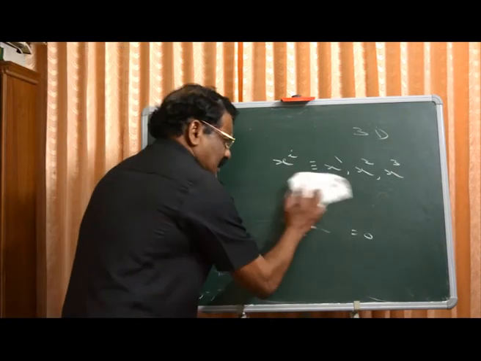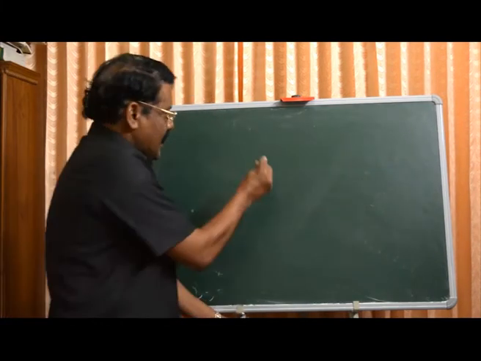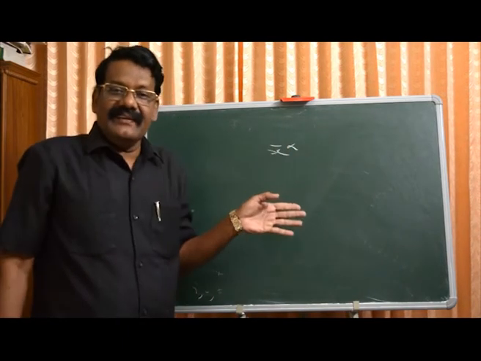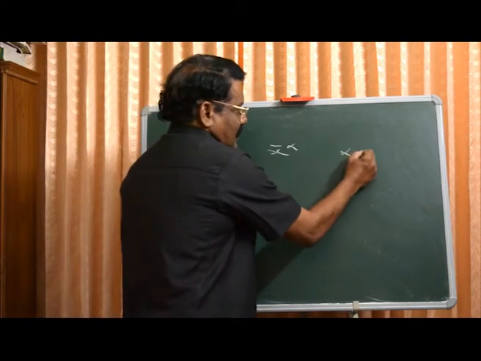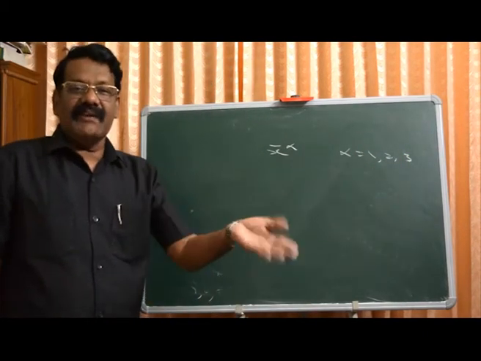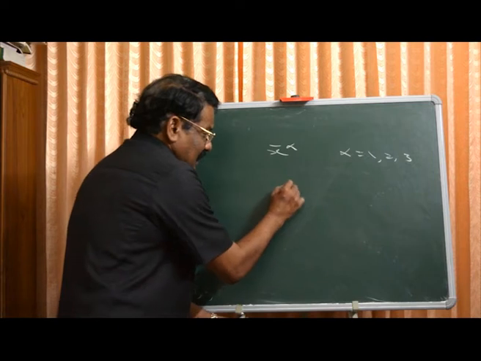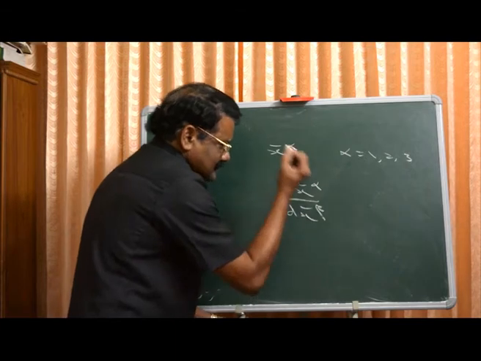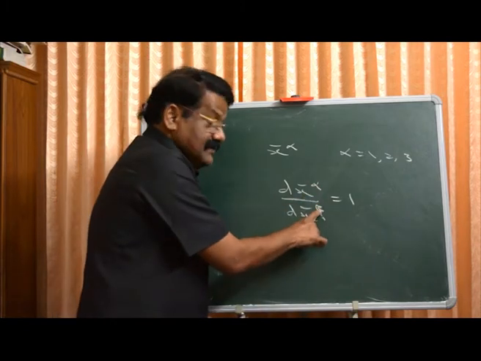Now, you take some other coordinate system. I am taking the second coordinate system as x bar alpha, bar representing another coordinate system, alpha equal to 1, 2, 3, or x bar 1, x bar 2, x bar 3. In a similar fashion, I can write dx bar alpha by dx bar beta is equal to 1 provided alpha is equal to beta.